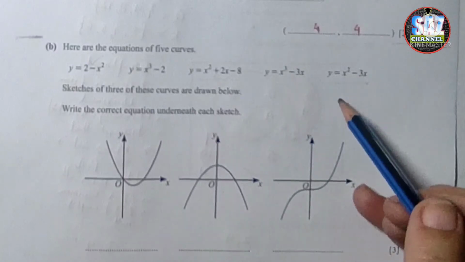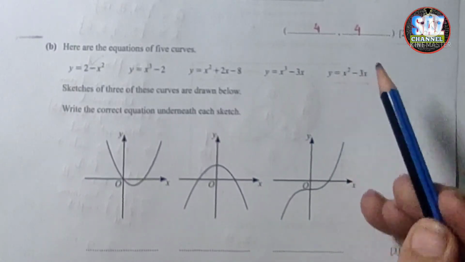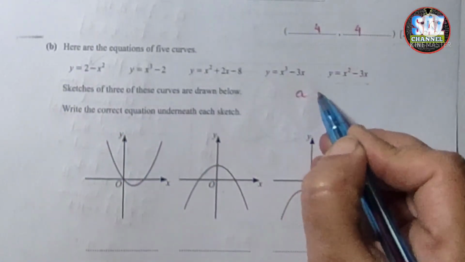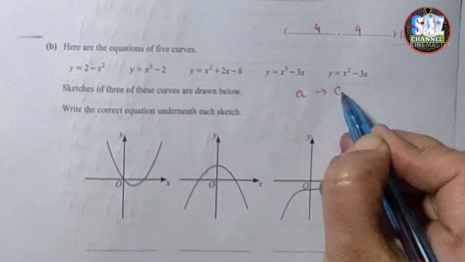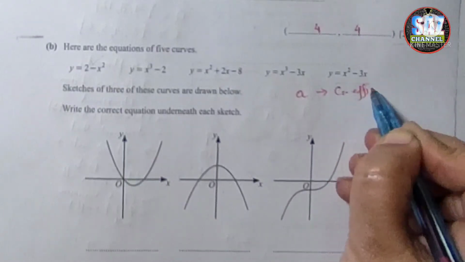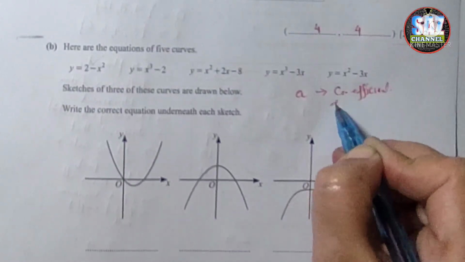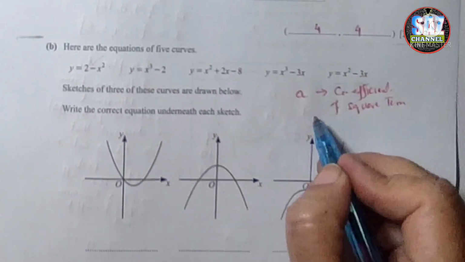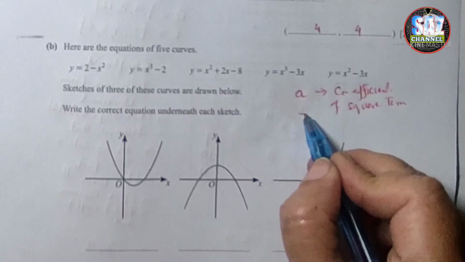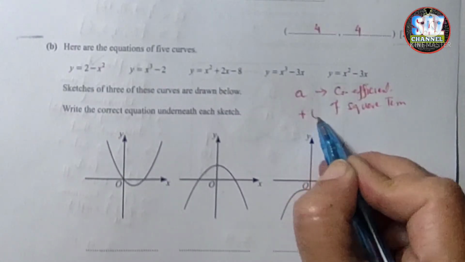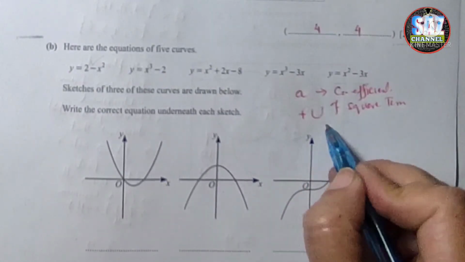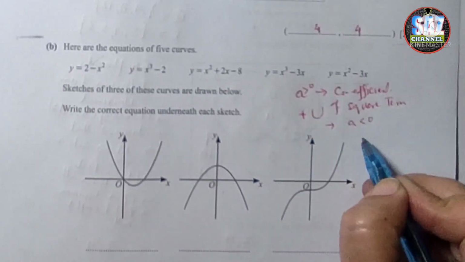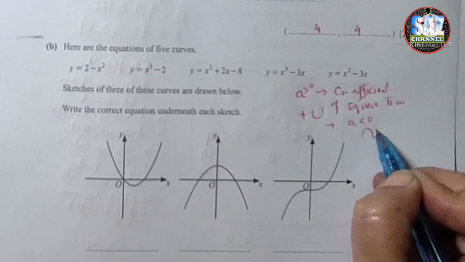As here the coefficient of the square term is positive, a, which is the coefficient of the square term, if that is positive, then the parabola will have the opening upward, and if a is less than 0, then the parabola will have the opening downward.